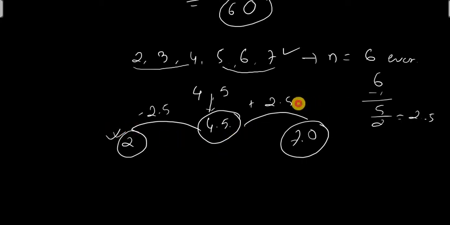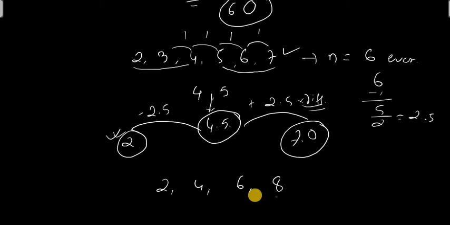So here the difference is 1. So for consecutive natural numbers, the difference is 1. For even numbers and odd numbers, the difference is 2. For example, 2, 4, 6, 8, the difference is 2.